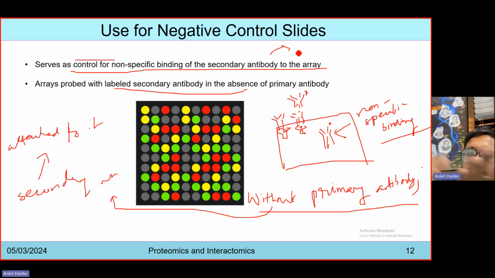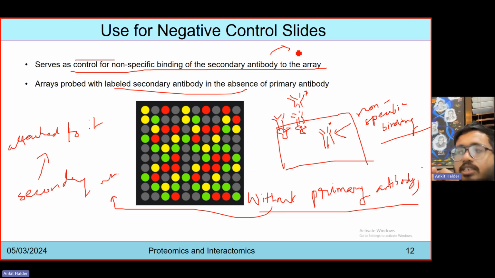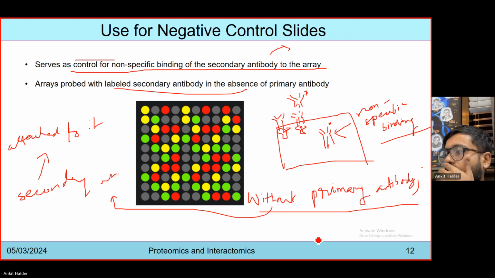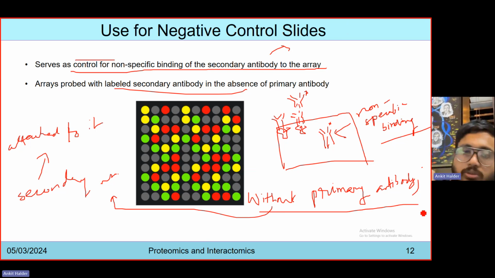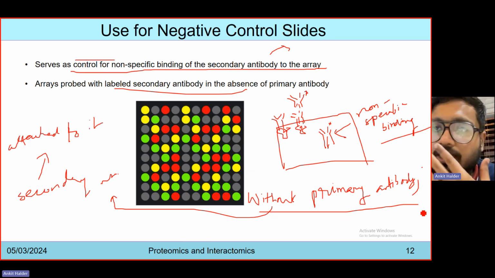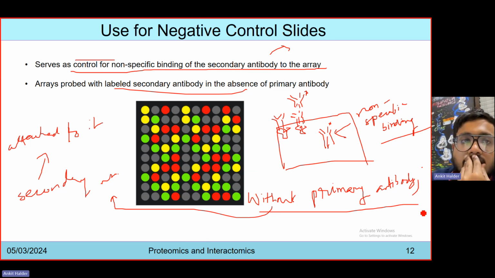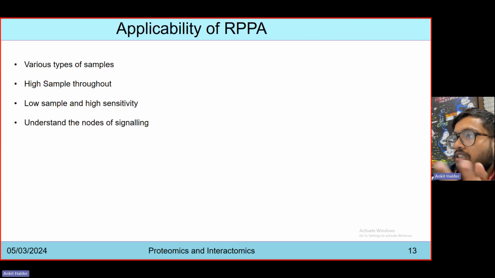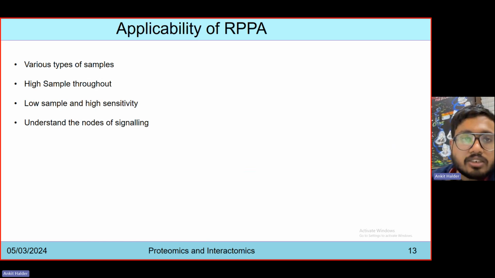Because if we are claiming certain proteins are important and need to be looked upon for particular things, then it should not be taken in a way that we get incorrect data due to the non-specific binding of the secondary antibodies. That's why negative control slides are required.